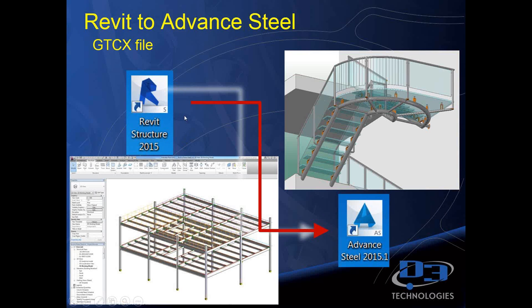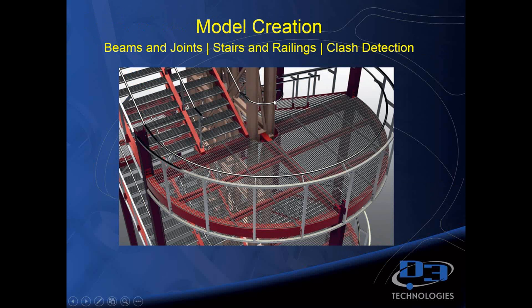We won't be in Structure for very long, though, and then we'll show how we can use what's called a GTCX file to take that from Revit to Advanced Steel. Then we'll look at some model creation: how to make your beams, columns, girders, stairs and railings, and then go in and connect those with joints and check for any clashes.